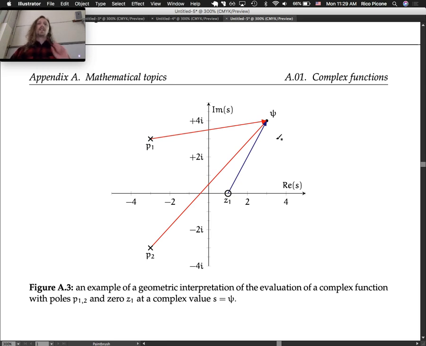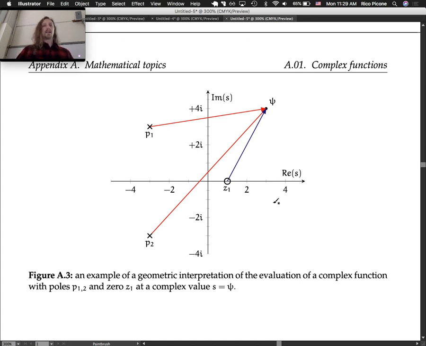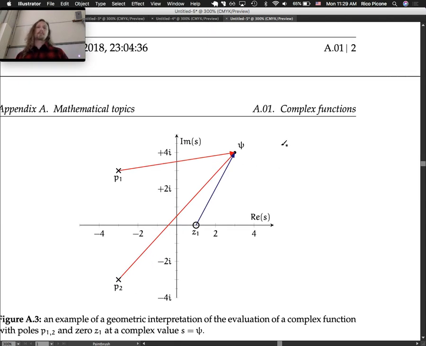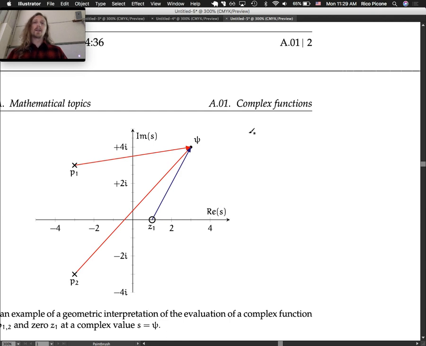So let's unpack this. Let's just do this example in line here. The claim is that we can evaluate the magnitude and phase of this transfer function by looking at these vectors between p and psi and z and psi, right? So let's do that. Let's look at the magnitude first. Over here, we want to evaluate the magnitude of H of psi.